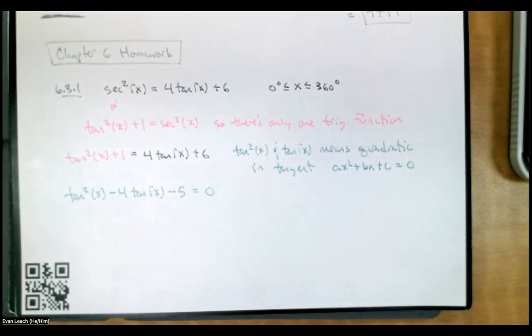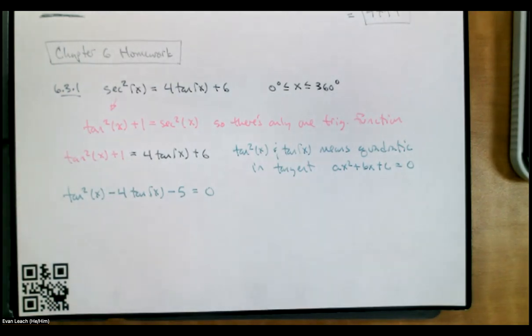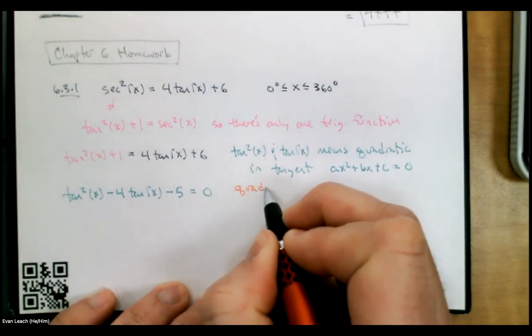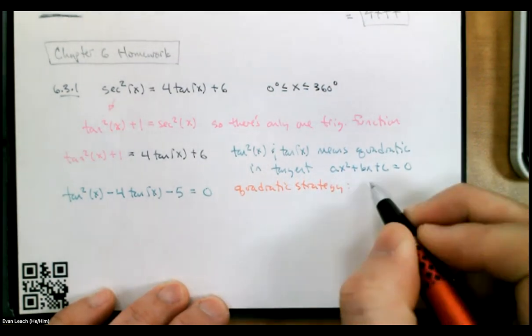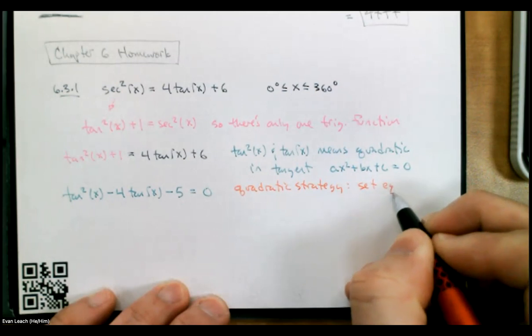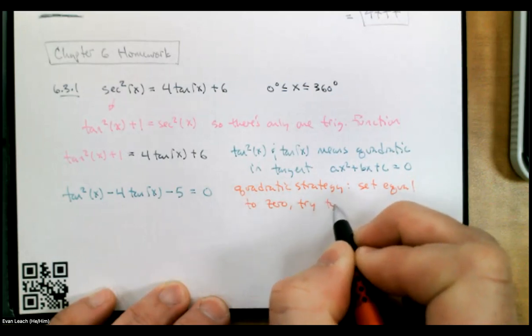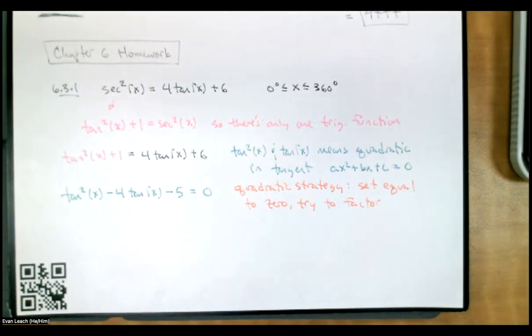So our quadratic strategy is to set everything equal to 0 and then try to factor it.